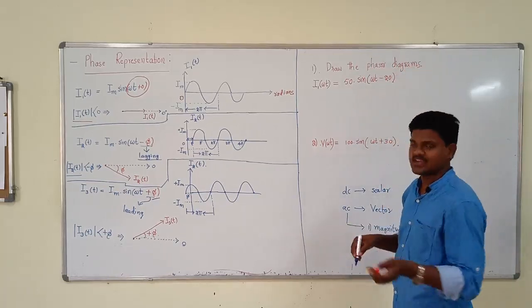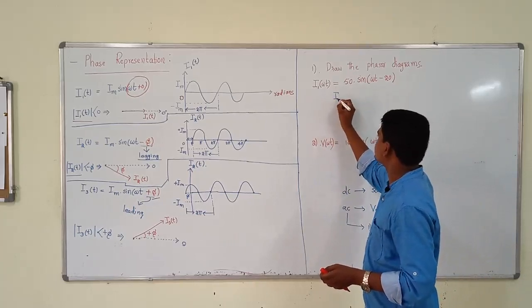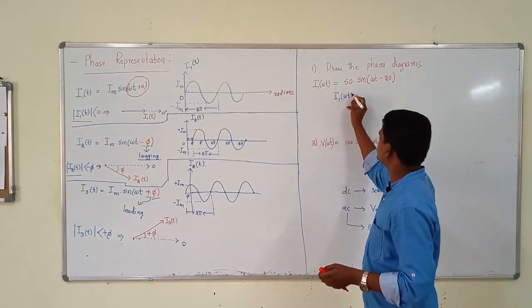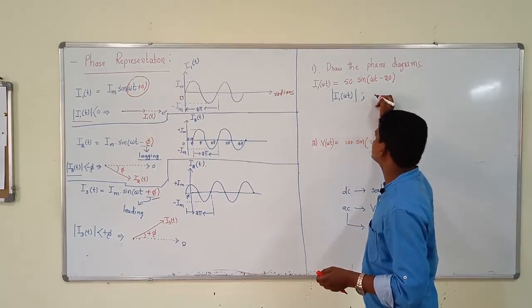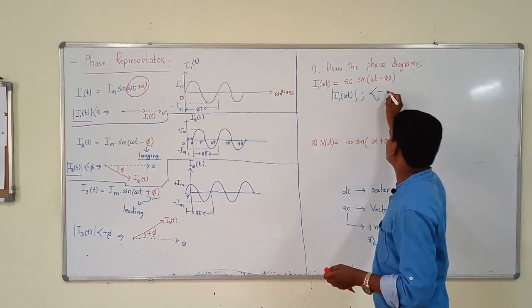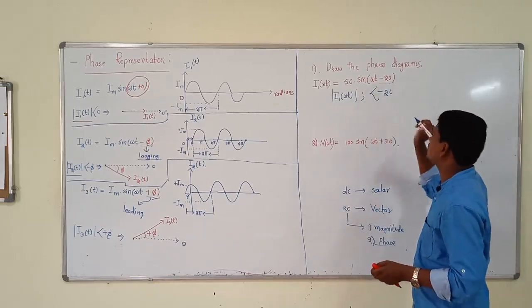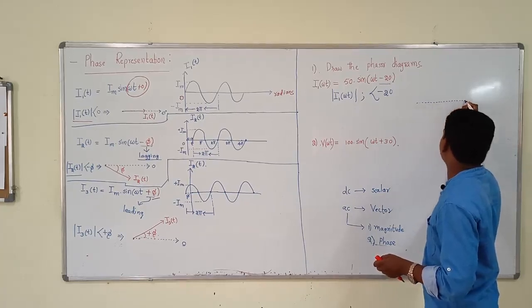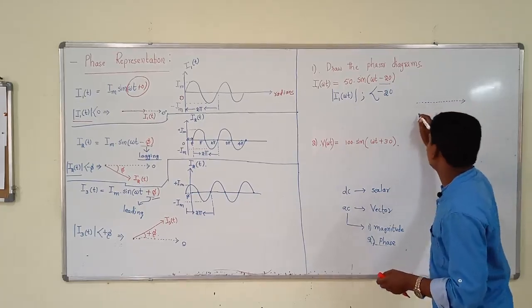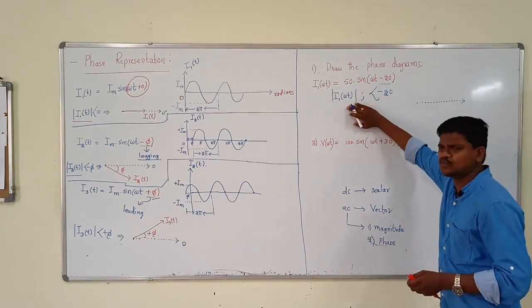Here, first, I1 of omega t has some magnitude. We don't need to find the magnitude now. What about phase? Phase is -20. Whichever is given, just write -20. So now the phasor diagram: this is the reference wave. I1 of t has a magnitude, we don't know it, but we will find out later.